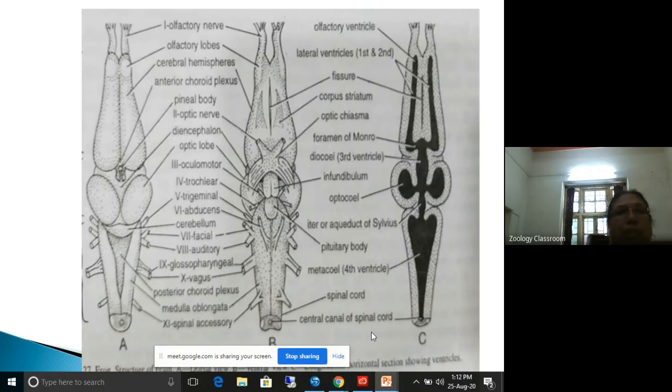And there is another part, a longitudinal nervous tissue band called the crura cerebri, seen in the ventral part of the brain.